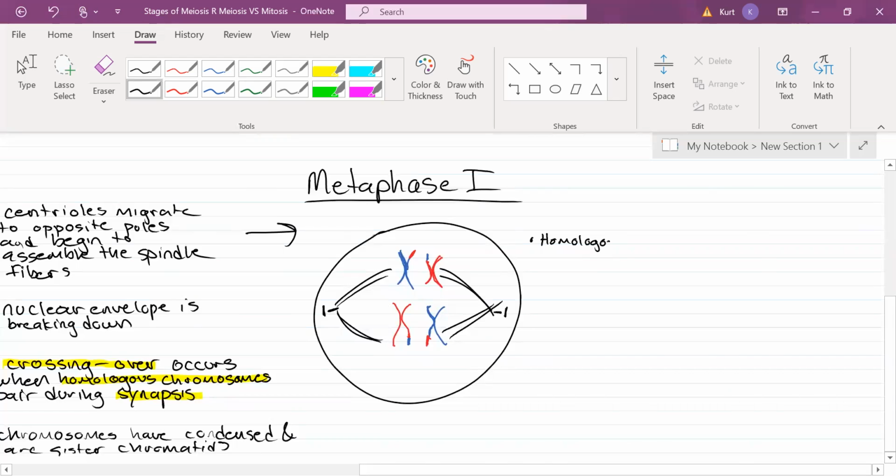Homologous pairs align independently at the metaphase plates.